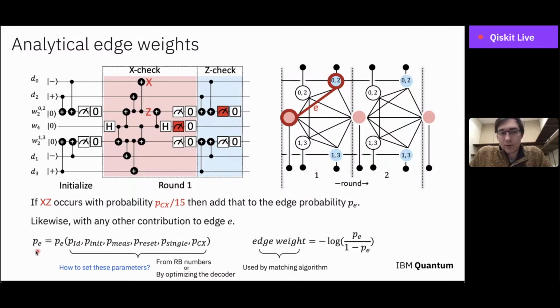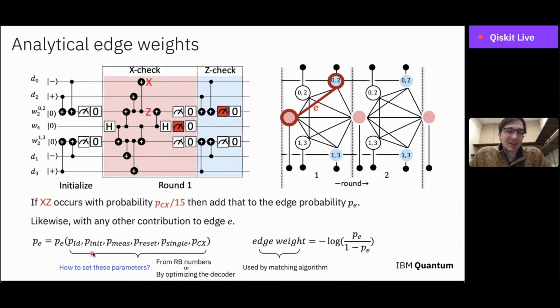The edge probability ends up being a function of the probabilities of various circuit components failing. And we assume that these are just fixed numbers for every component, like every CNOT in the circuit fails with probability PCX. This is the theorist model of this.